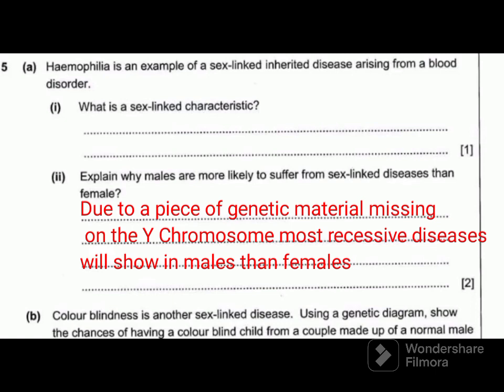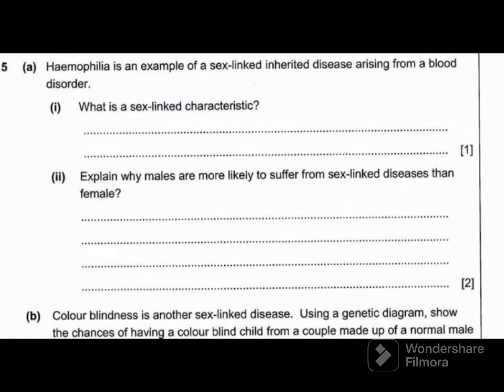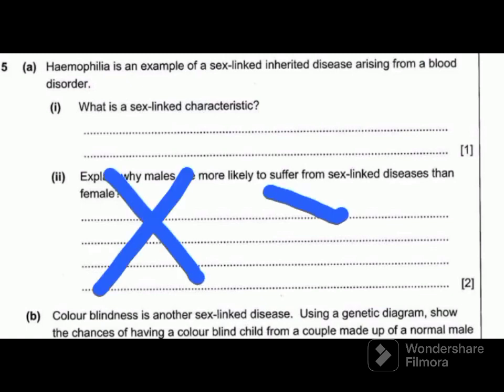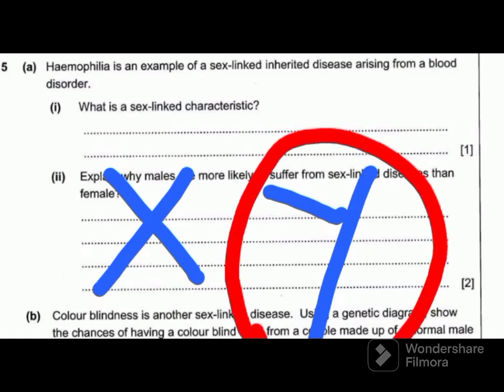This is why you will find that a male will never be a carrier of a sex-linked characteristic. Why? It is because of this Y chromosome. A male has the XY chromosomes. So it is because of the Y chromosome that these sex-linked characteristics are more common in males as compared to females.